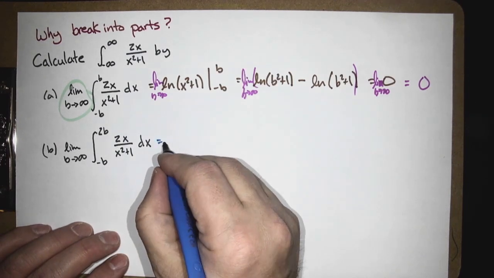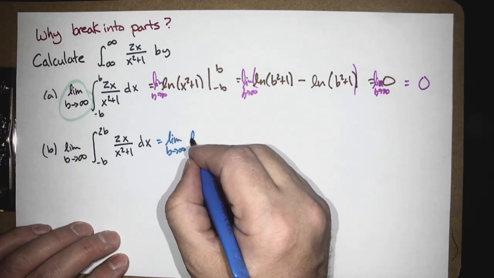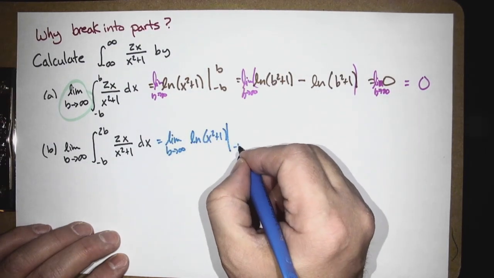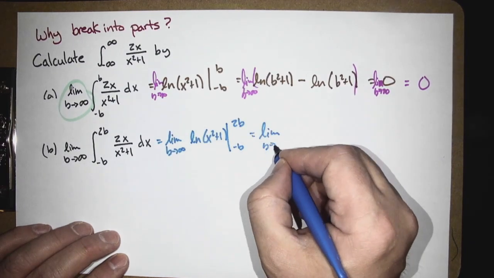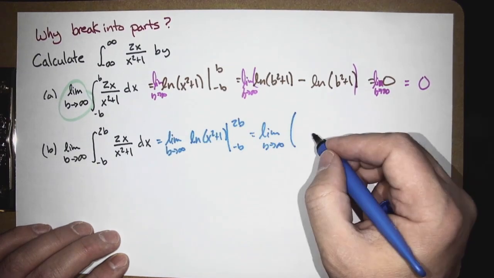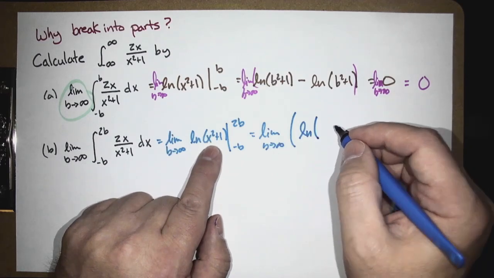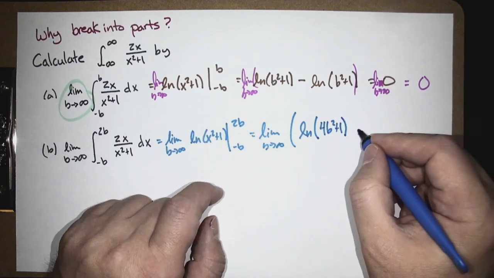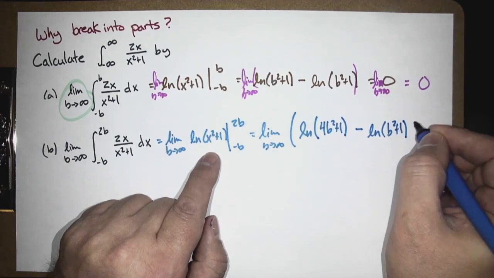Well, this time I won't forget to write limits. Limit as b goes to infinity. We already talked about the integral, same integral, x squared plus 1 from negative b to 2b. That's the limit as b goes to infinity of, when we plug in 2b, log of 2b quantity squared would be 4b squared plus 1, subtract log of b squared plus 1.